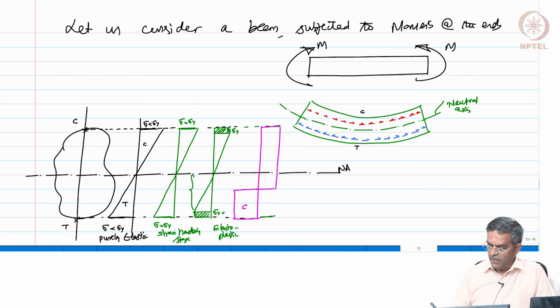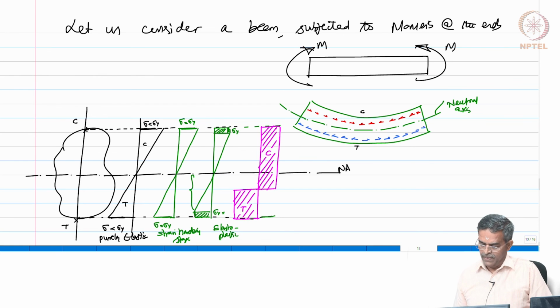So, this is compression, this is tension, this is tensile, this is compressive, but one can notice here that the interface of tension and compression force does not happen at the neutral axis.